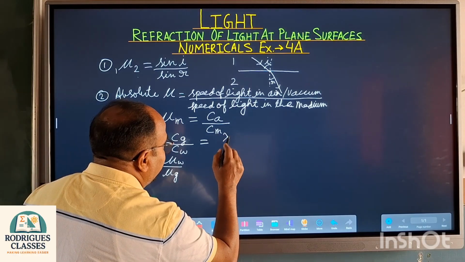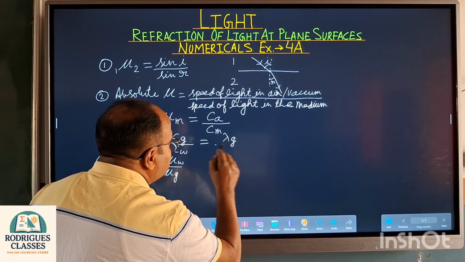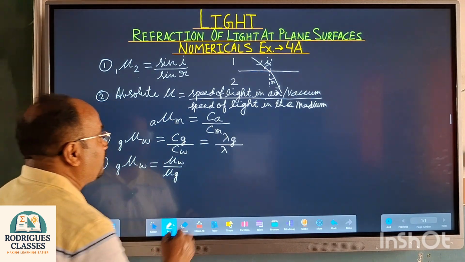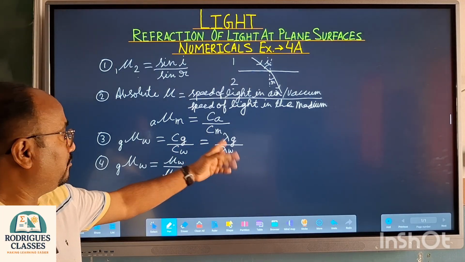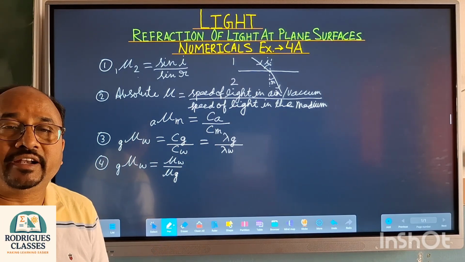It will be the wavelength of that particular color of light in glass divided by the wavelength of that particular color of light in water. So when wavelength is given, make use of this relationship to find the refractive index.